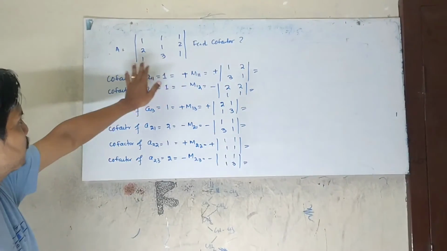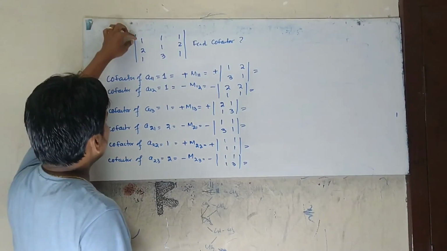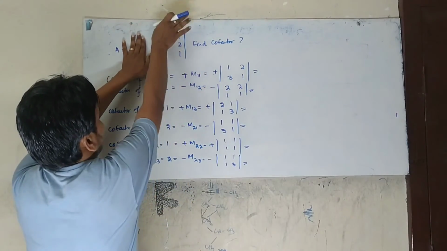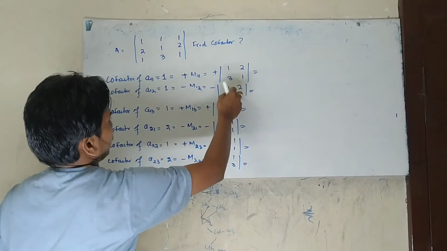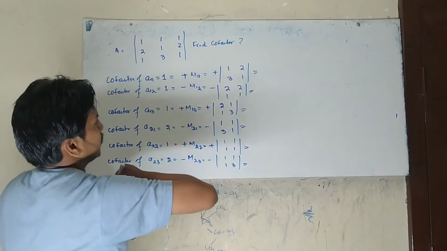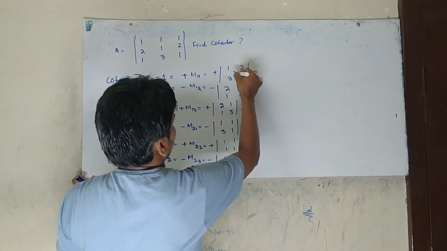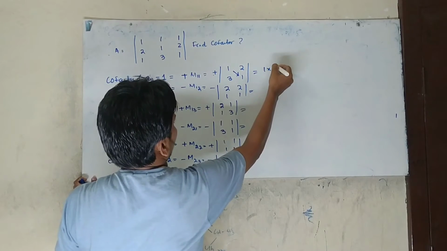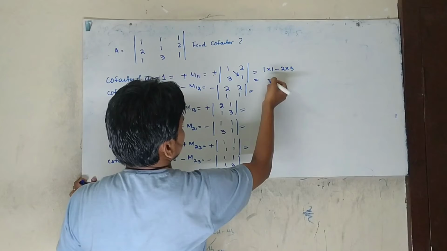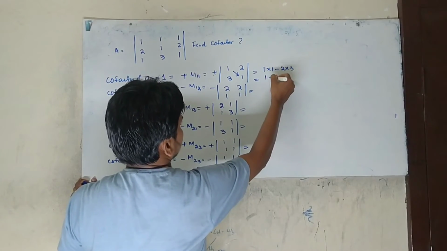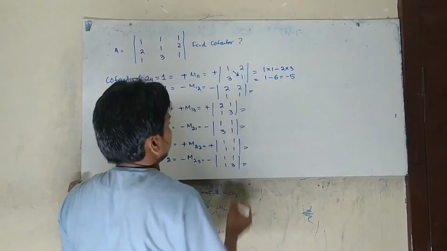How can you get the minor? You delete this row and this column. Then 1 2 and 3 1. Now find the answer. You have to multiply this 1 and 1 and multiply this 2 and 3. This is equal to 1 minus 6, equal to minus 5.